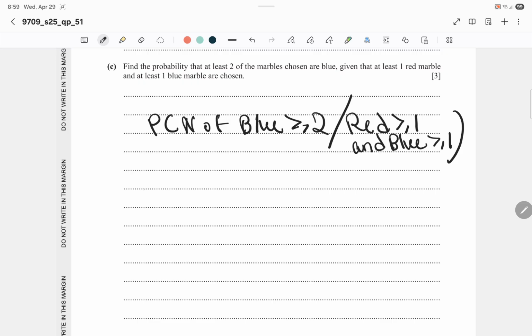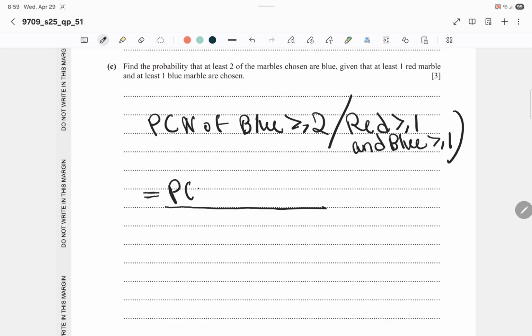So first we have to find the intersection between these. So how can we find the intersection between these? Okay, so blue has to be greater than or equal to 2 and red has to be at least 1. So how can we arrange this?